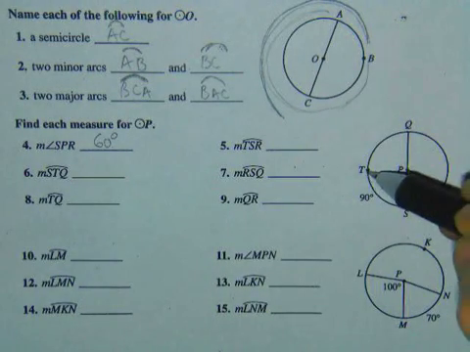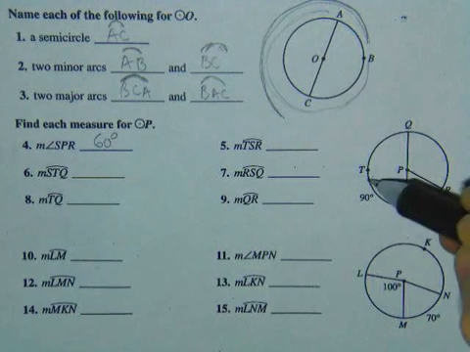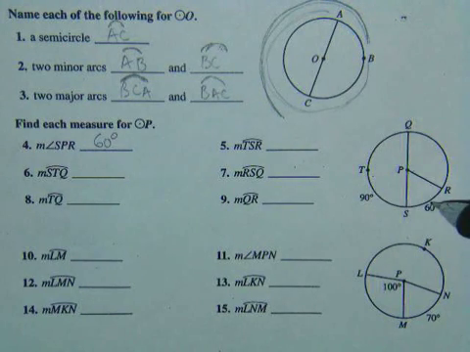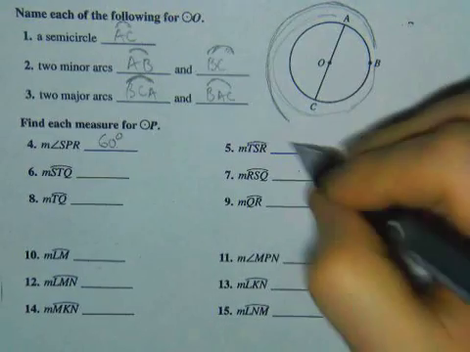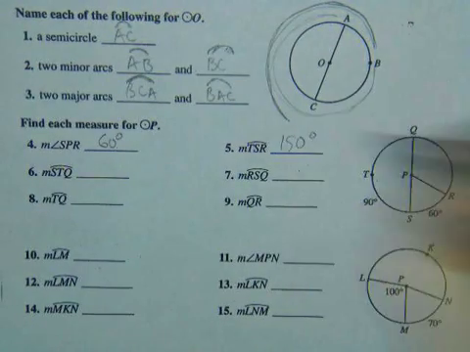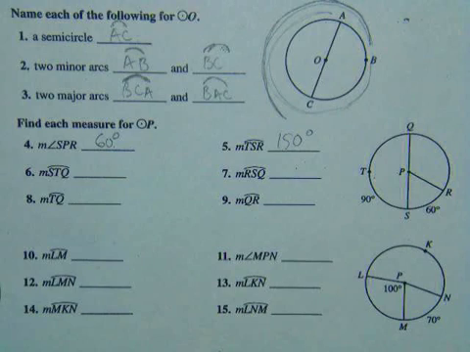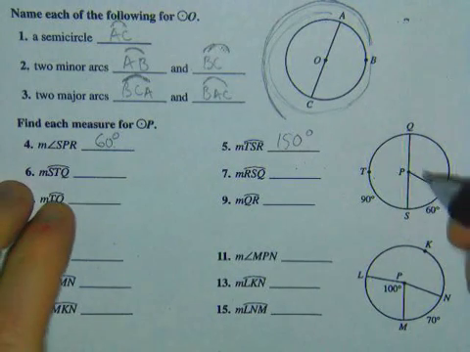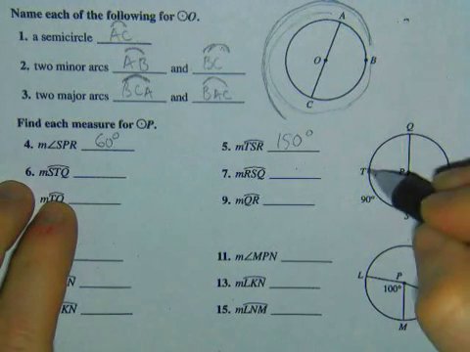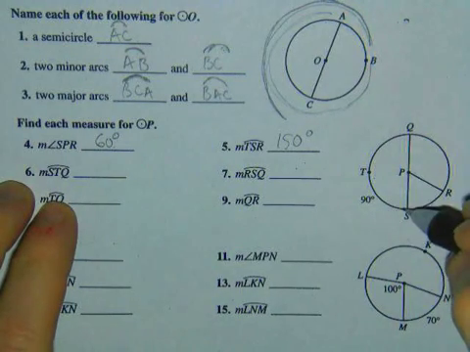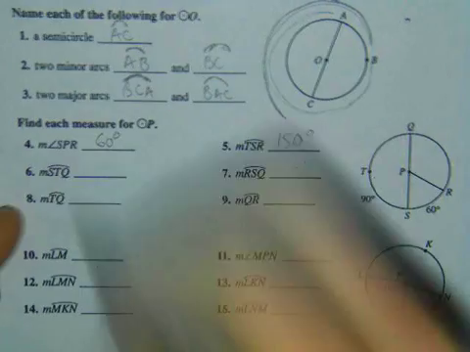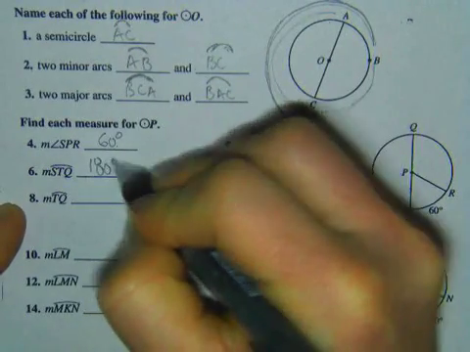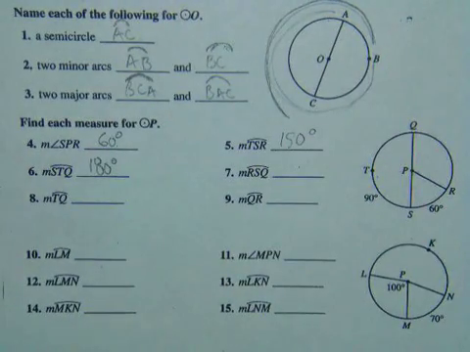TSR, we got the 90 and the 60, add those together, get 150 degrees right there. Just keep going, identify and sort it. STQ, well, that looks like a semicircle to me, half a circle, 180, you board sports type people, going switch, rotating 180.